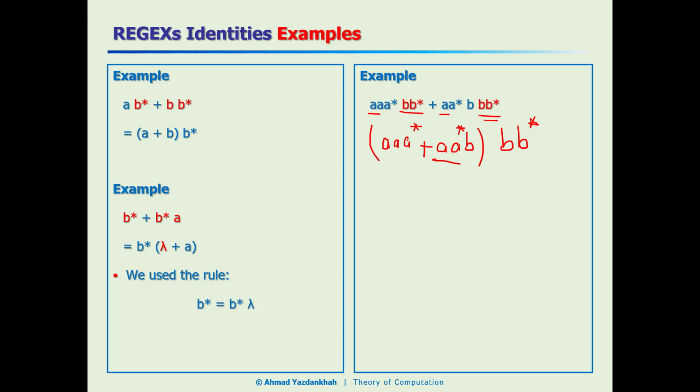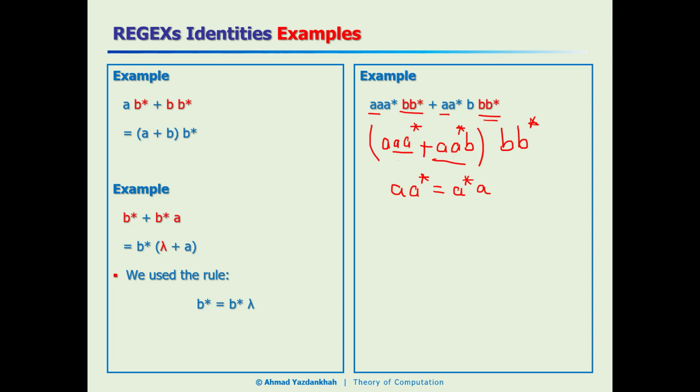I feel that there is something here that I can factor out. Do I have A star? I have A star here, but in the wrong place. Can I do something here? Of course I can, because I already learned that A star is equal to A star A, right?